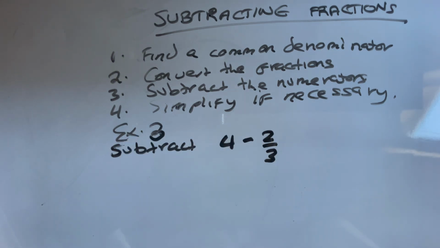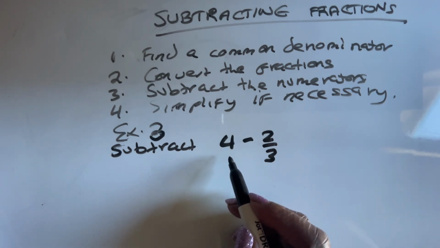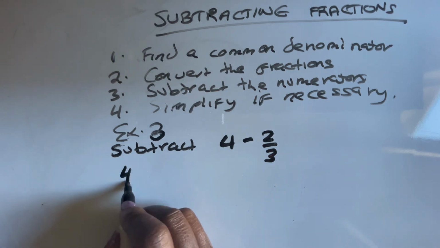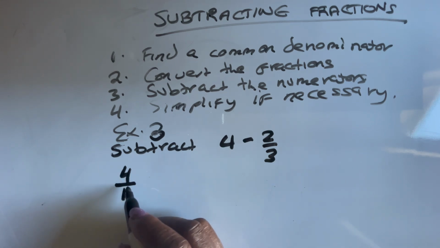Example 3, we're going to subtract 4 minus 2/3. The first step here is to rewrite our whole number 4 as a fraction. So 4 is standing on 1. That is our number as a fraction.